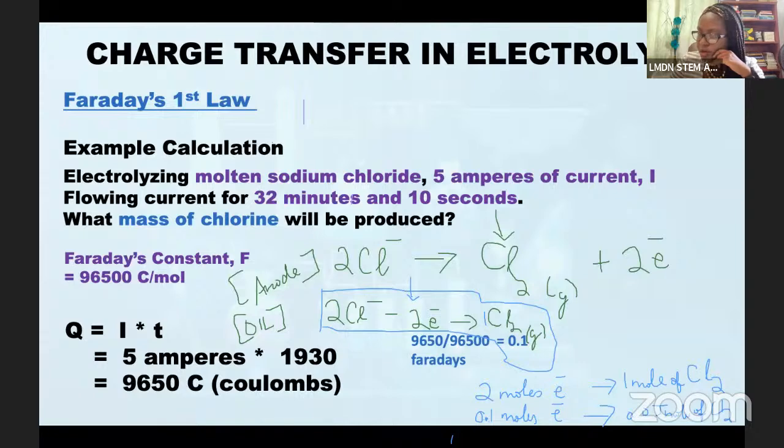One Faraday, 2 Faradays. Oh yeah, so 2 Faradays would give us 1 mole. Okay, yeah. Let's think about it that way.